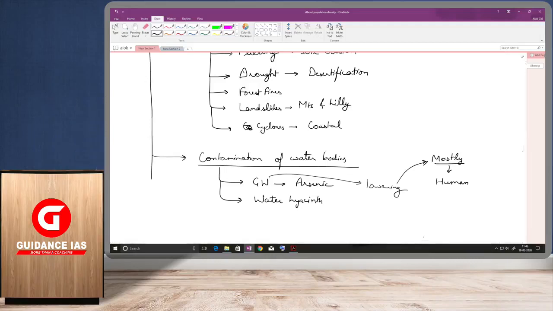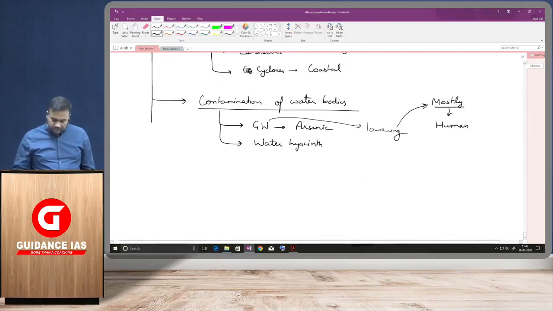Like for example, one is tube well irrigation. हमने देखा है उसको पहले भी, which is the most important cause. But other causes also, like social forestry programs based on eucalyptus. So the eucalyptus tree is doing what? It is a very powerful extractor of resources. So wherever you plant many eucalyptus trees, they would lower the groundwater table. Okay? So that is the water-related problem.